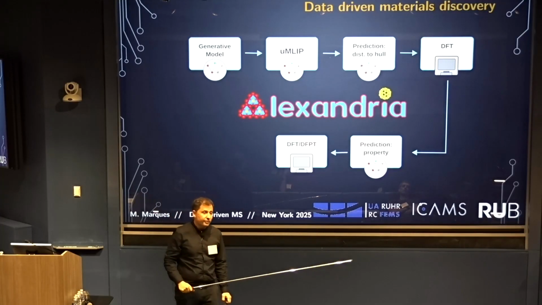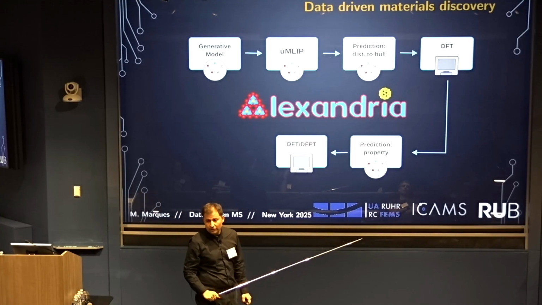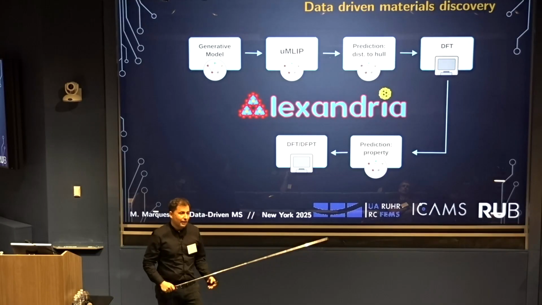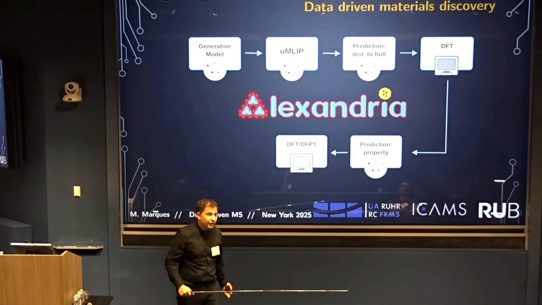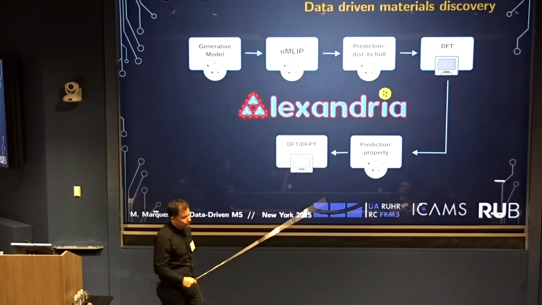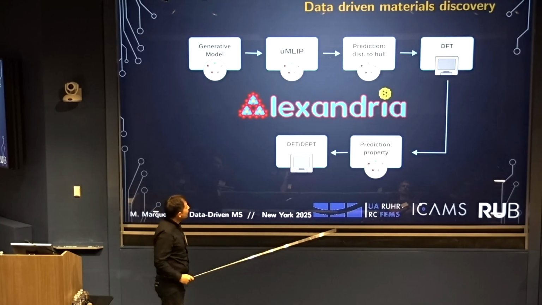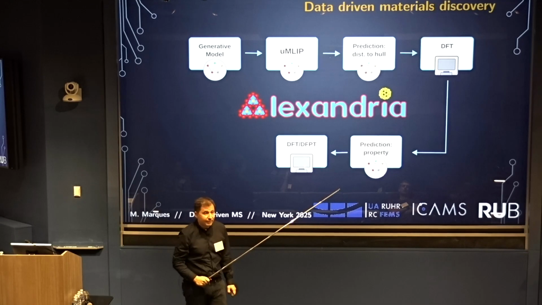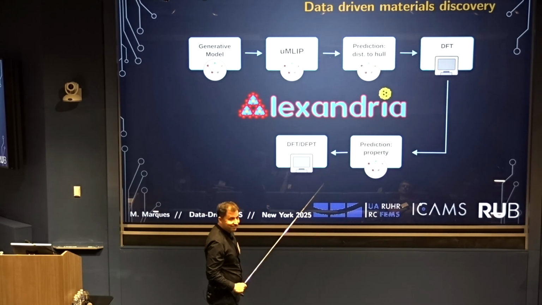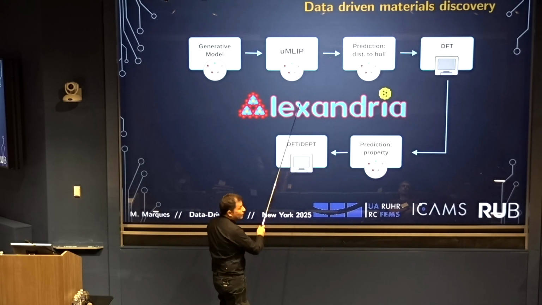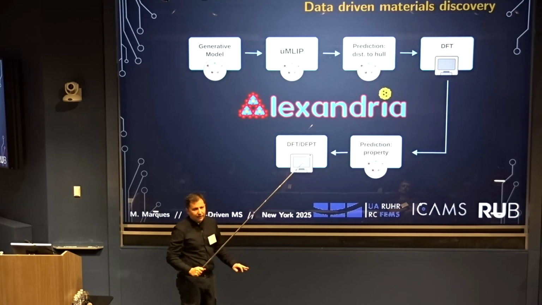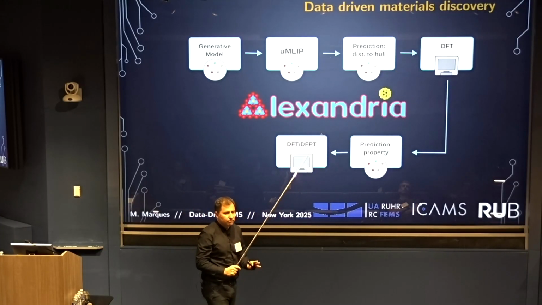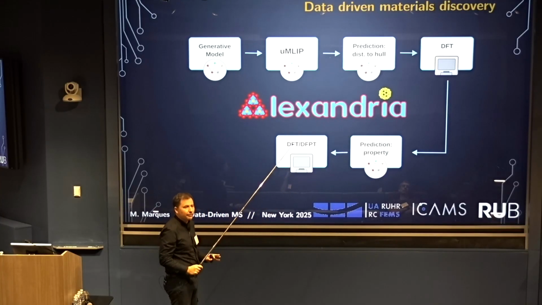They're called universal machine learning interatomic potentials, which are basically surrogate models for DFT. I will talk also briefly about them. This actually works extremely well since 6 months ago. You can get essentially DFT-level relaxed geometries 10,000 times or 100,000 times faster than DFT.